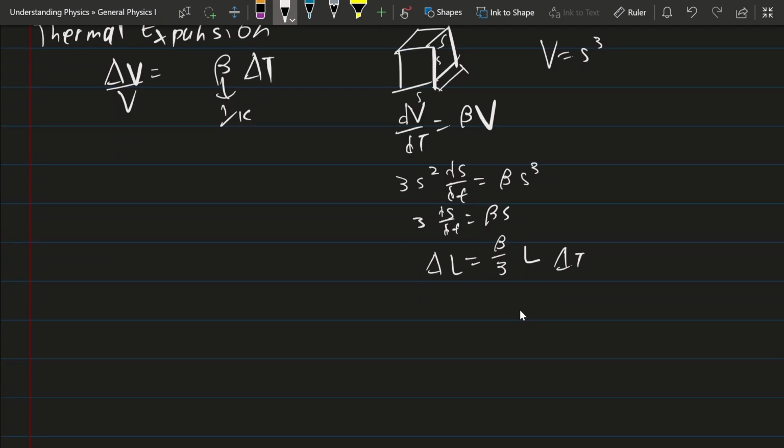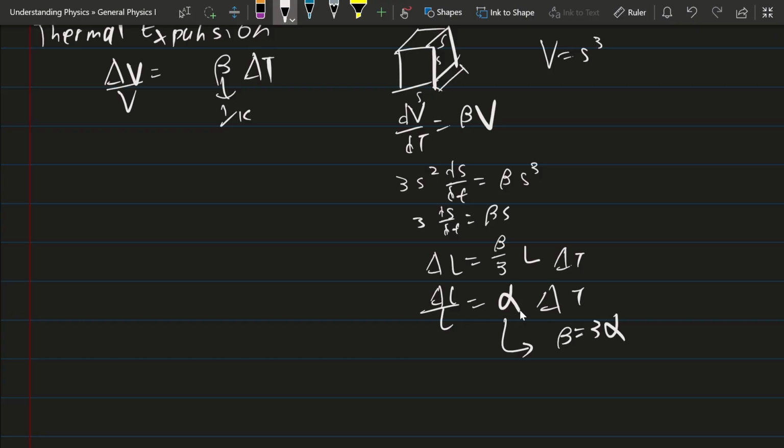So try to rewrite this again. This is delta L over L equals alpha delta T. So what's this alpha? It's the coefficient of linear expansion. And the value is 1/3 of beta. So that's the way that I will explain this coefficient of linear expansion to be related to the coefficient of volume expansion.